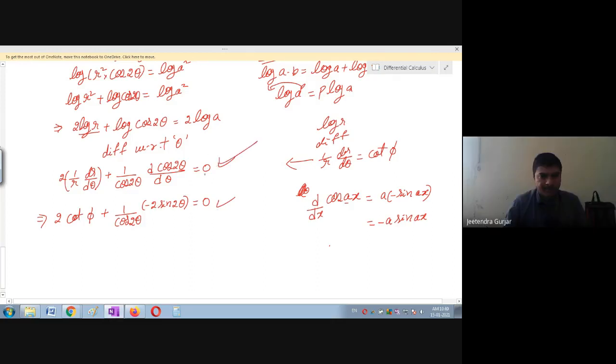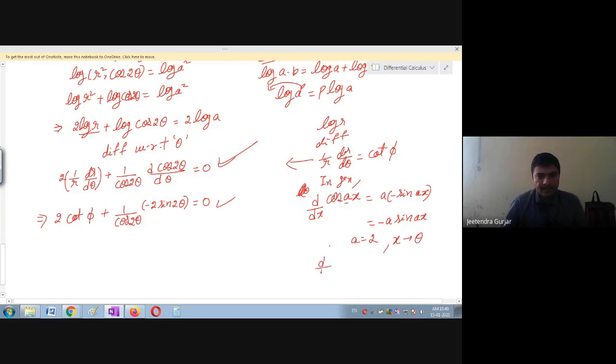This one. Okay. So differentiation of cos a x, I have given in general. Let them give 2 theta, 3 theta, 4 theta, 5 theta, 6 theta. So you can just take this a value, you are going to substitute here 2, right? And x is nothing but your theta.